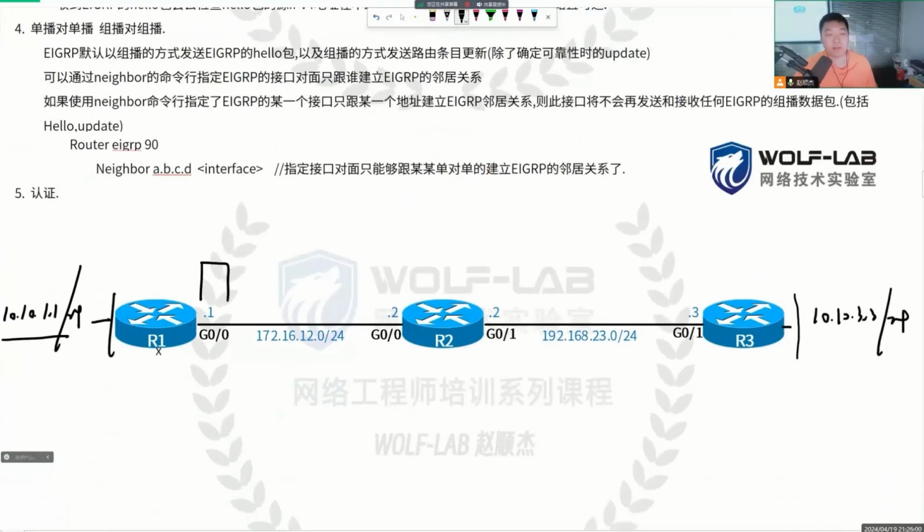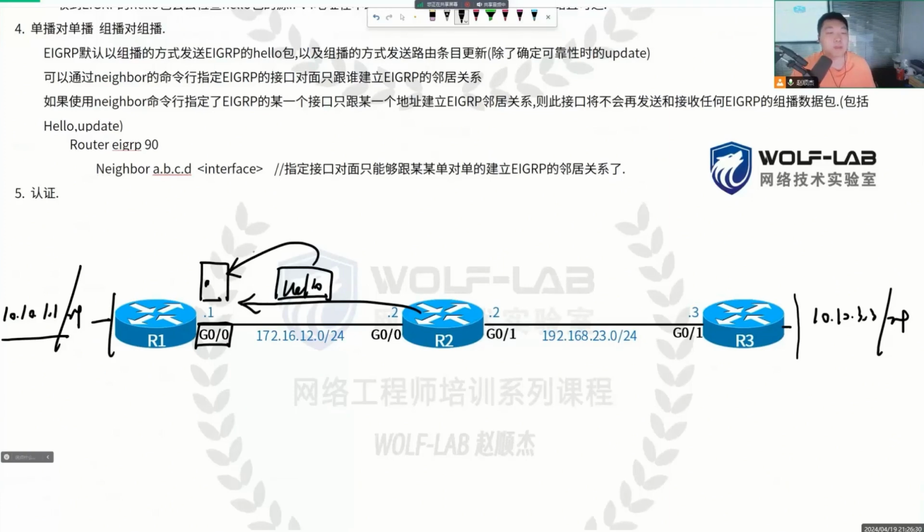So when the hello packet from R2 is sent over, this hello packet must have the key to my gate. It must match the key configured on my R1 gate. This key must be consistent. To pass the authentication, I can open the door. Open the door and send your data packet in, so that my R1 can receive your hello packet.